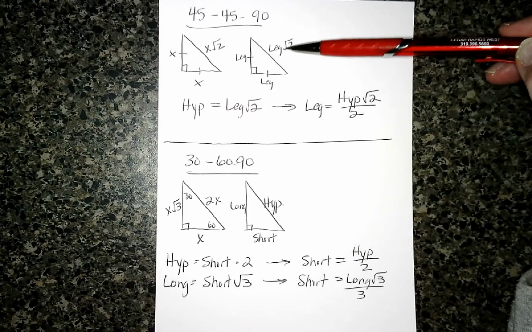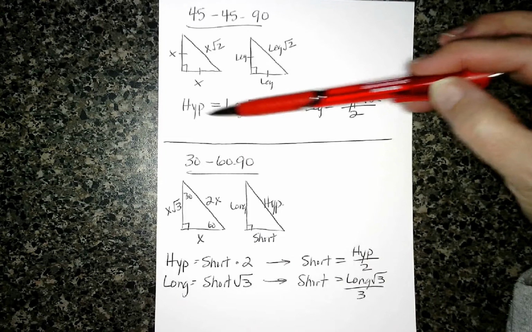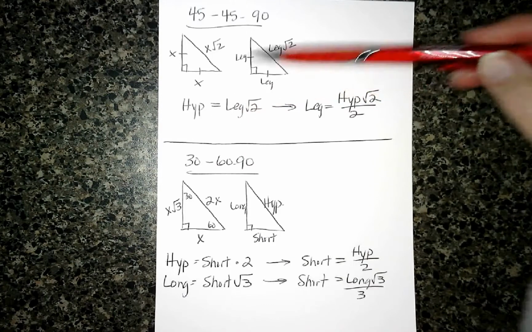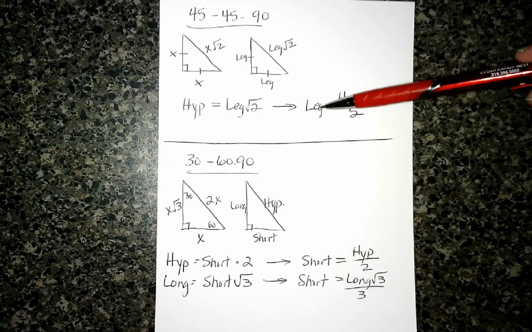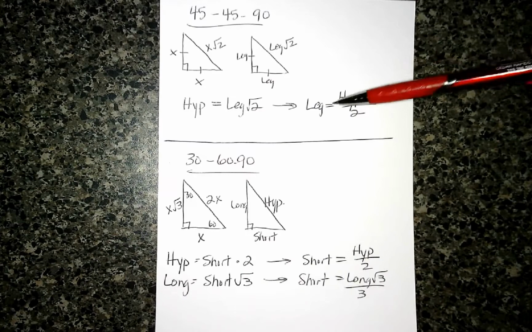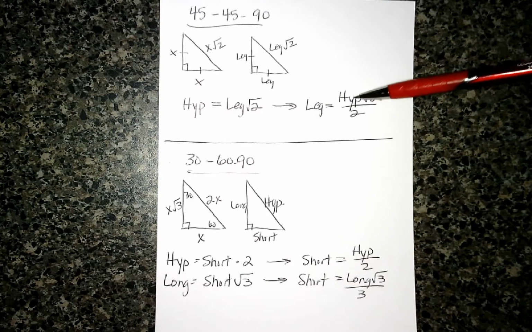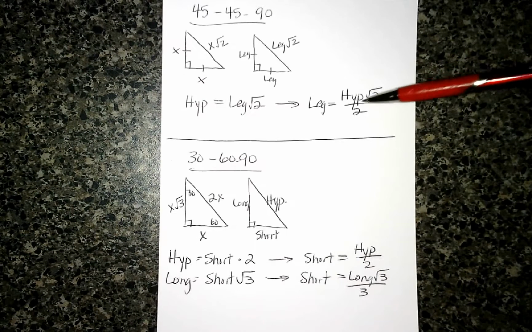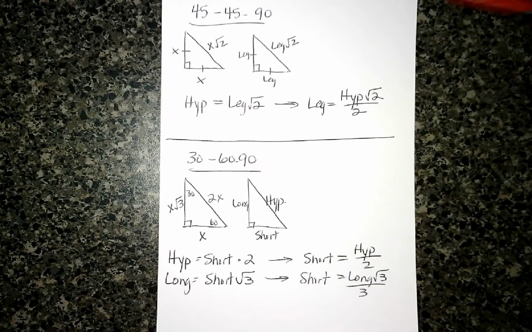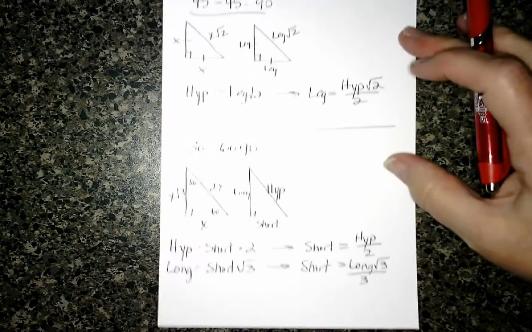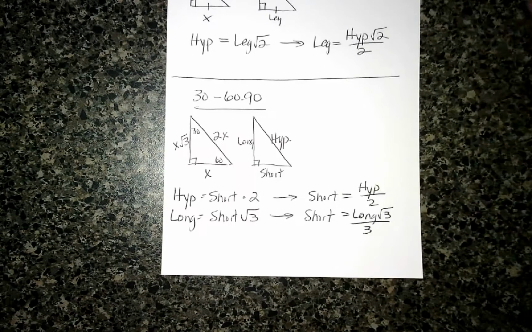That's what that's showing right there. I can manipulate this formula if I want to find the leg. If I know the hypotenuse and I want to find the leg, all I have to do is put the hypotenuse times square root of 2 over 2. Again, it just depends on what you have and what you're trying to find.